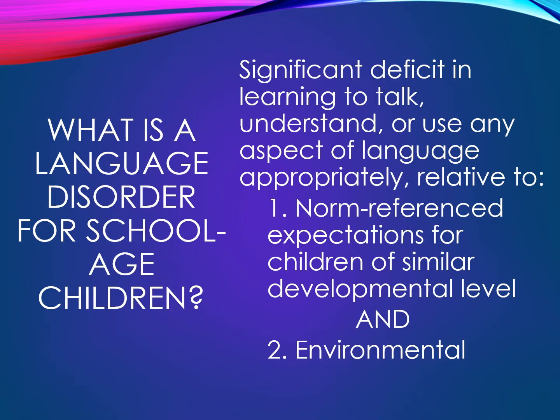Let's discuss this a little further. In Texas schools, we considered a standard score of 77 or below significant. That's about 1.5 standard deviations below the mean of 100. So if a child scores at a 77 or below on a language test, then we would consider that child to have a language disorder.